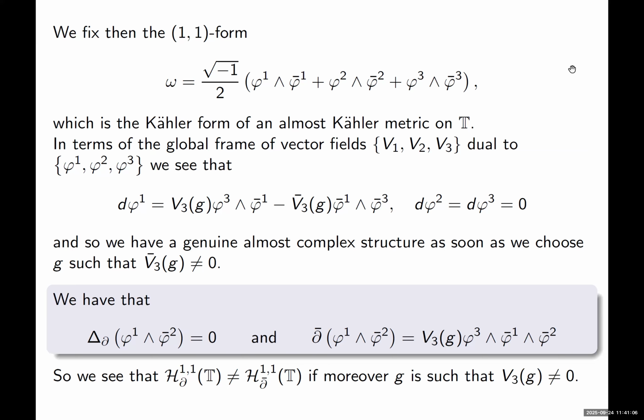So we see that, in fact, the Laplacians of del and of del bar are very different, since they have different kernels. It's not like the integrable case, where we have the same spaces.